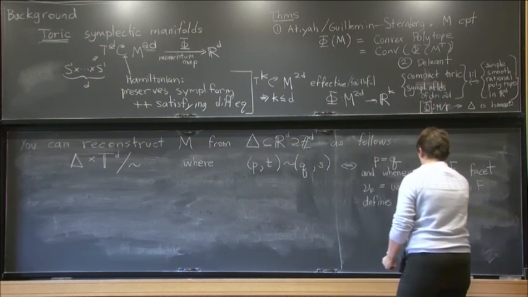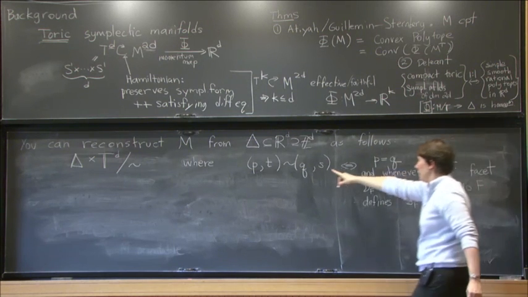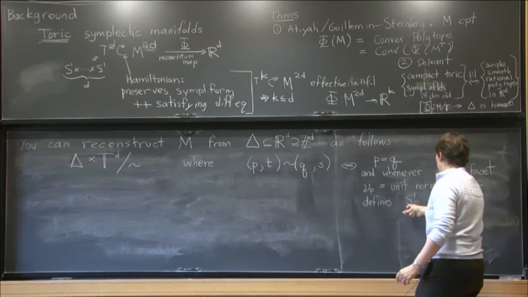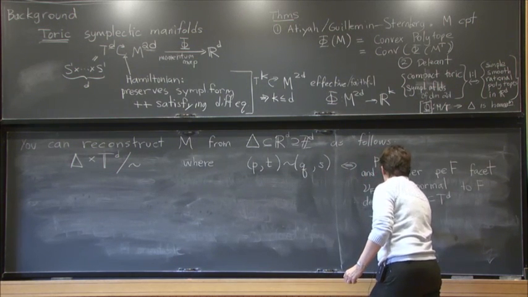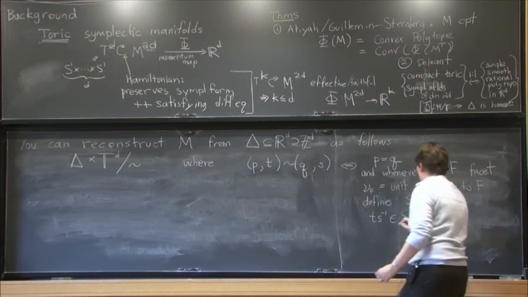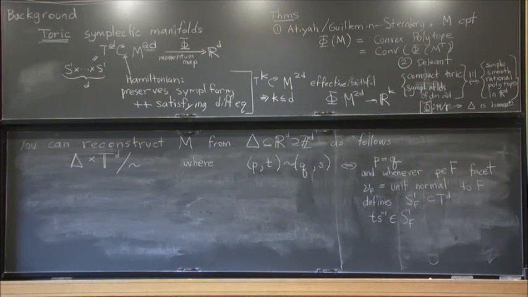To collapse that circle, I need TS inverse to be in this circle. Okay, so let's do an example.